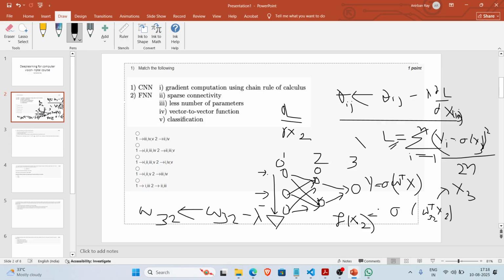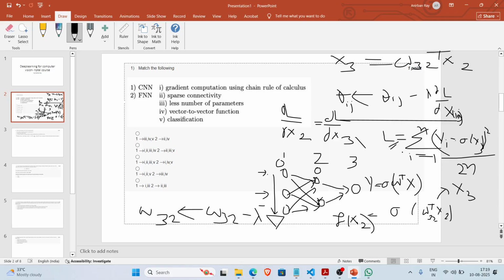What you do is take the derivative with respect to x3, which will be easily calculated. To be precise, what I want to denote is that x3 equals w32 transpose x2.